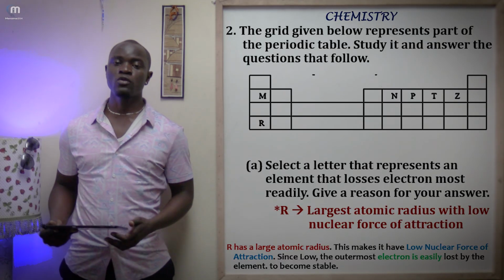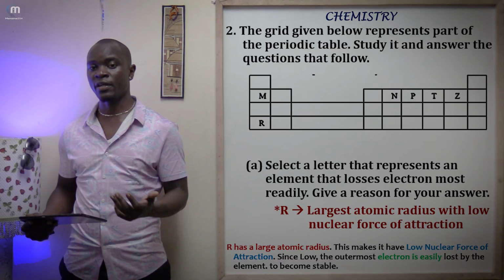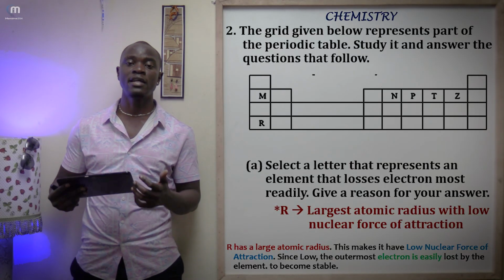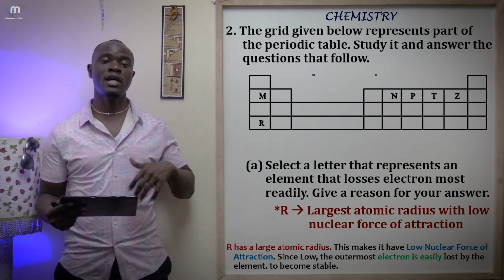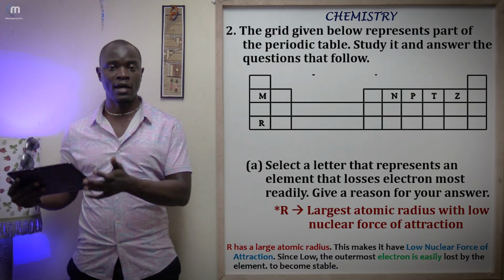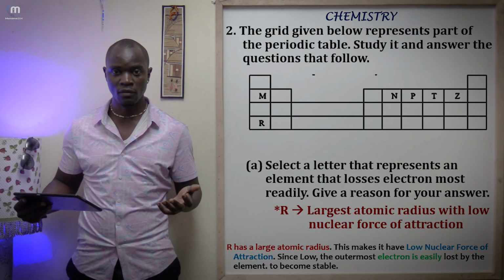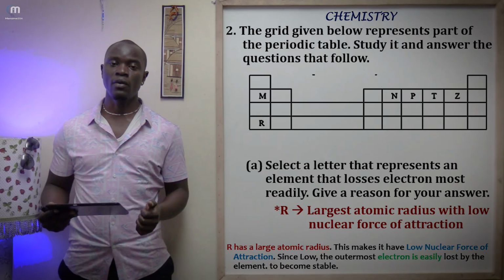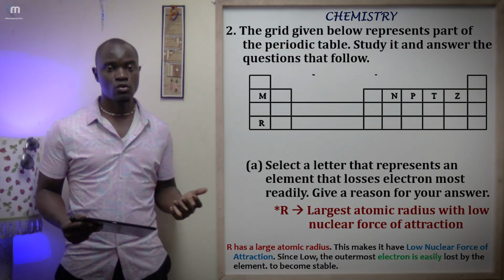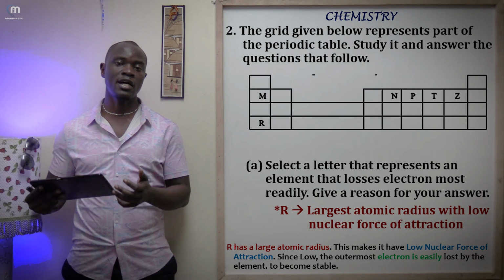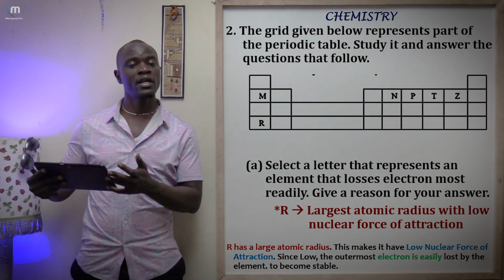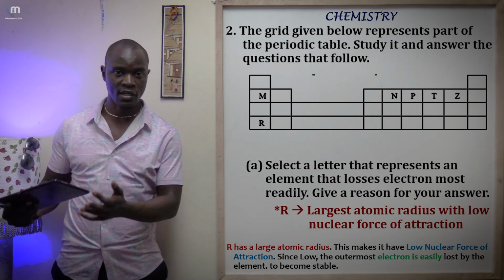So this electron is readily and easily lost into the environment or to other elements for letter R to be stable. That is the reason why. In short, it is letter R because it has the largest atomic radius with very low nuclear force of attraction.